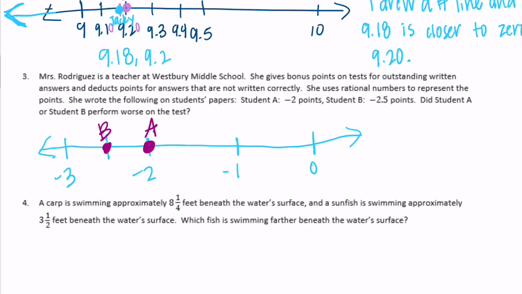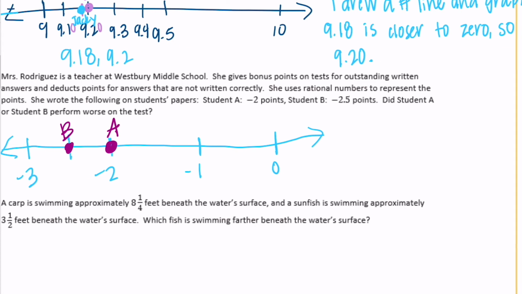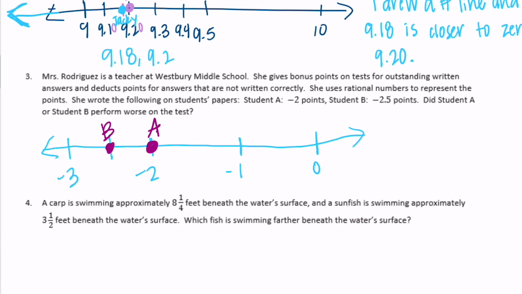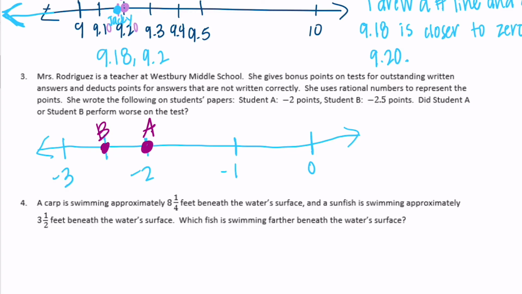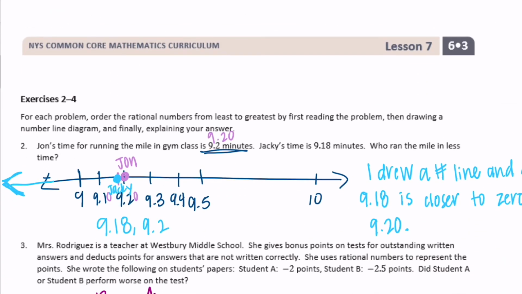Did student A or student B perform worse on the test? So who had more points deducted? If we were to order them, -2 is closer to 0, so it is less than, or are we ordering from, what did it say? For each problem, order the rational numbers from least to greatest.